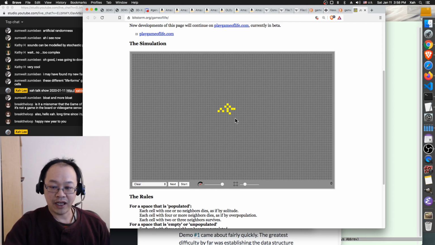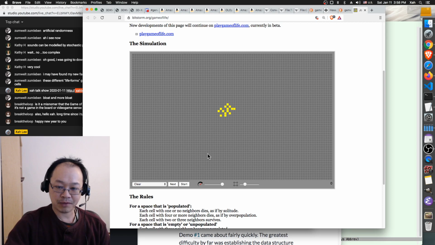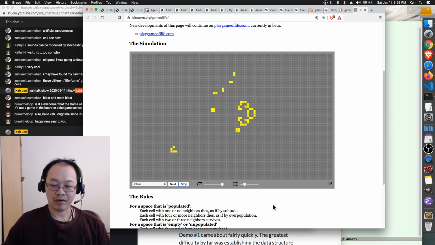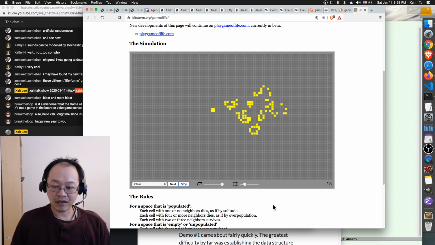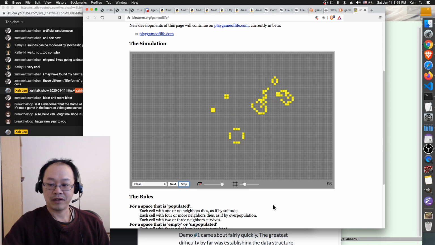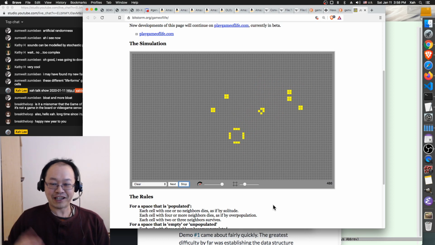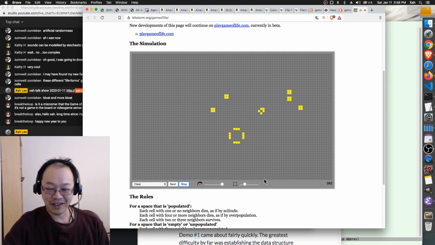The question is, you have to predict what will happen to this pattern. So let's start. Okay, so there's one glider going off. Oh, so it's stable. This is not too interesting.